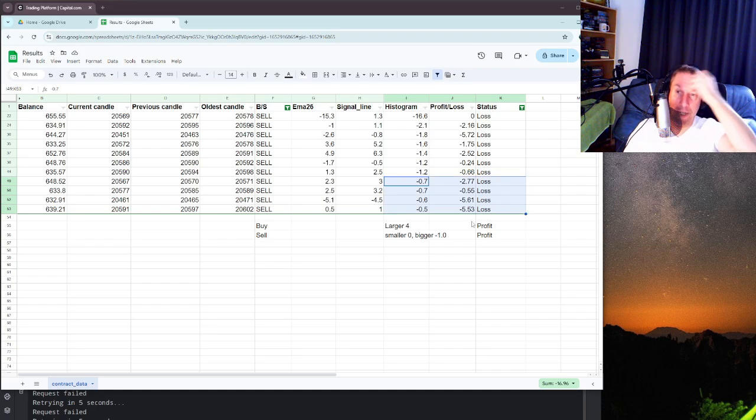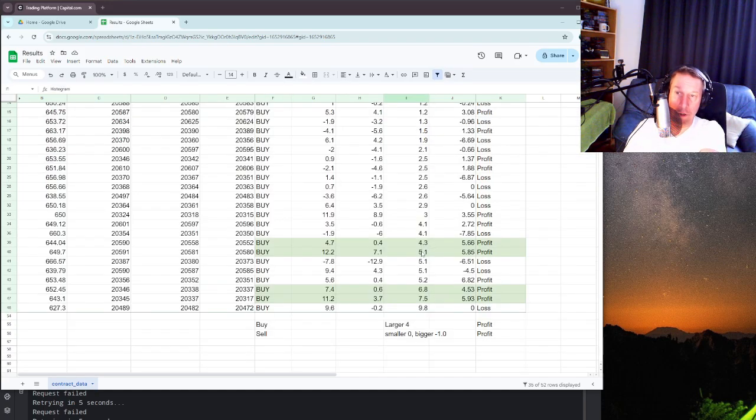So we cannot conclude that a buy with a histogram larger than 4, oh, we didn't check, but profit, loss, profit, and a loss, but the loss of a 0. Okay. 1, 2, 3, 4, 5.